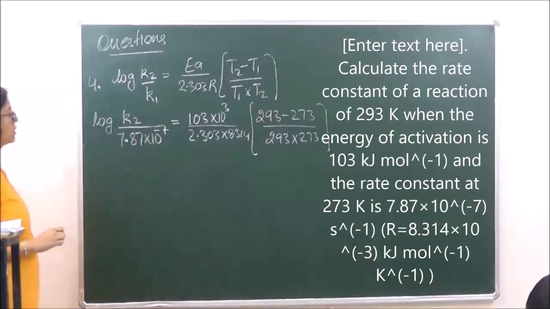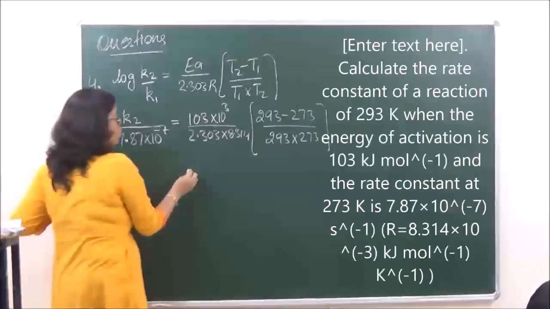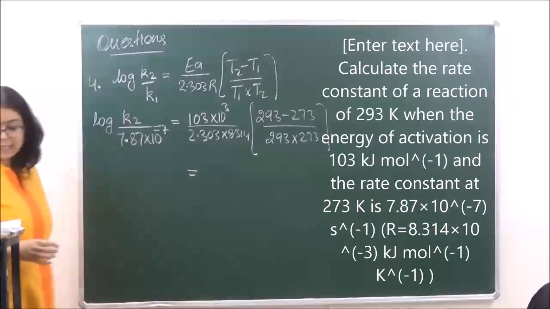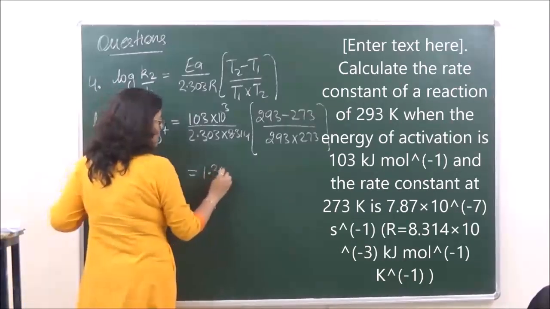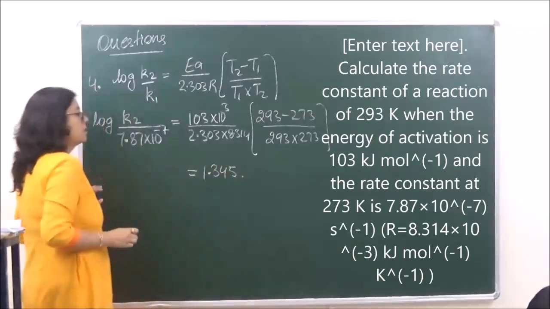Okay? So when we are calculating this, the right hand side we will calculate first, this portion. So this portion is coming to 1.345. Okay?